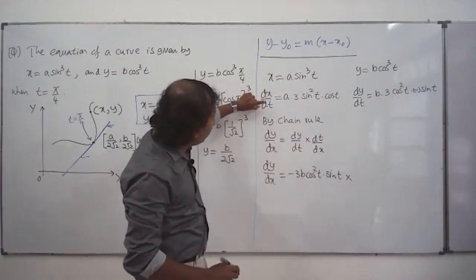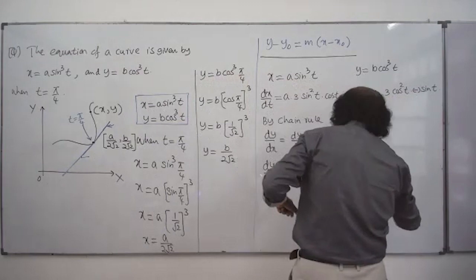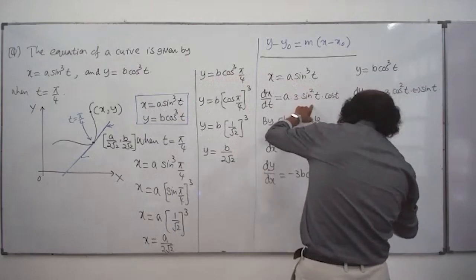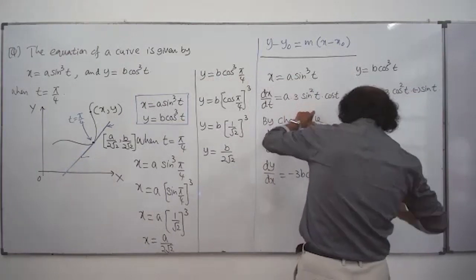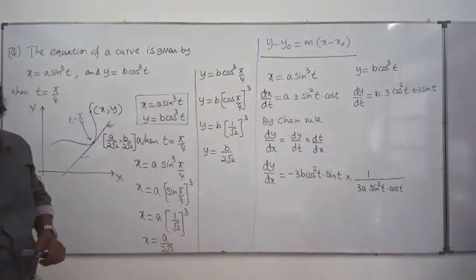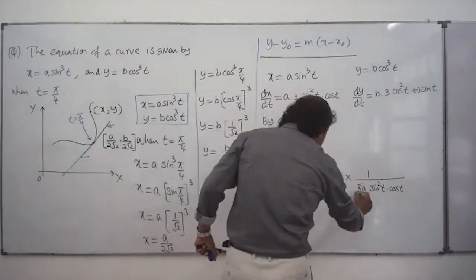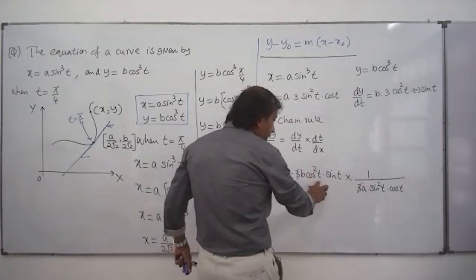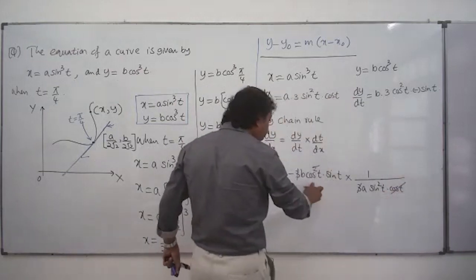dt over dx means take the reciprocal of this: 1 upon 3a sine square t cos t. Now simplify this further. This 3 and this 3 you can cancel down. Of this cos square t, one cos t term you can cancel with this, and here we get only one cos t.